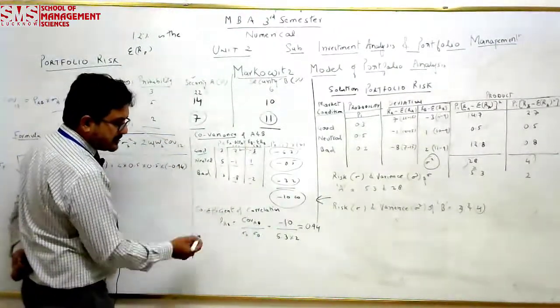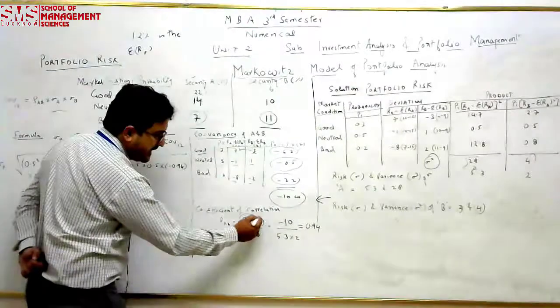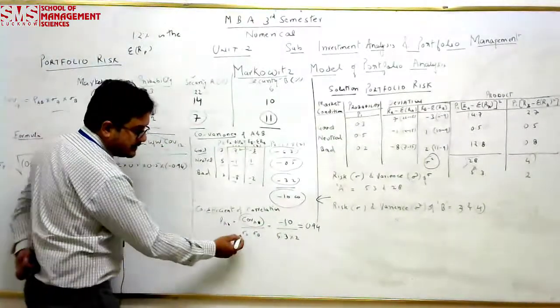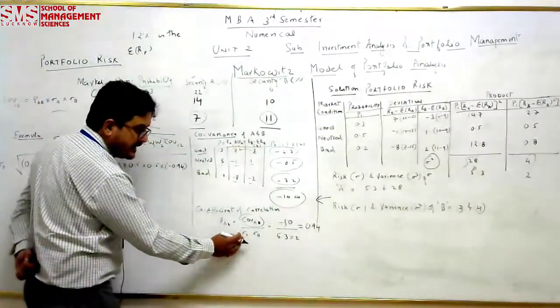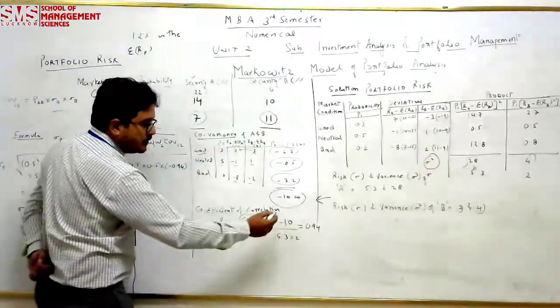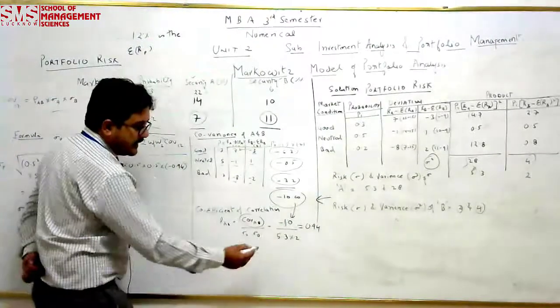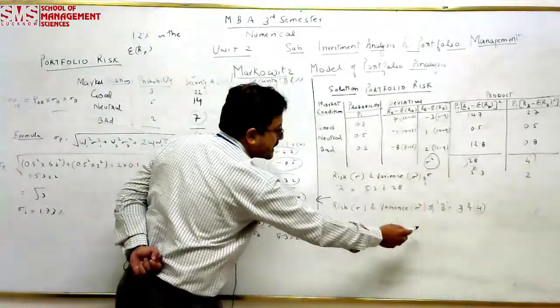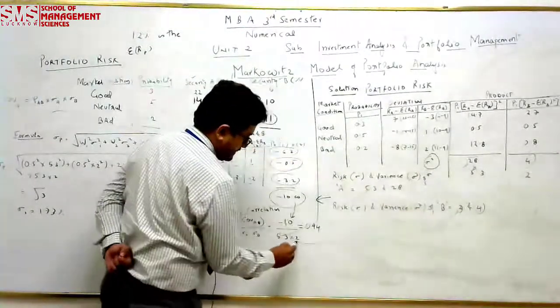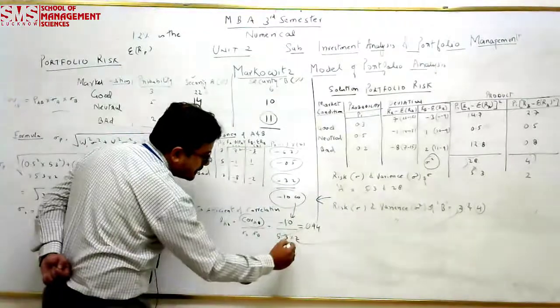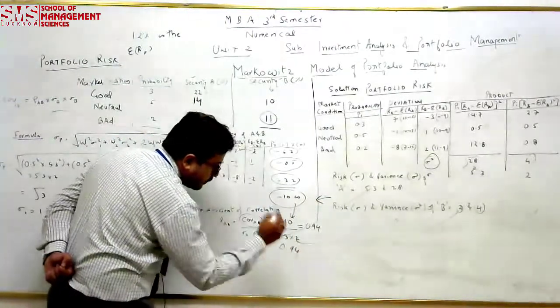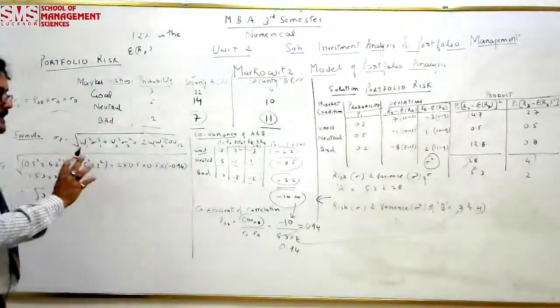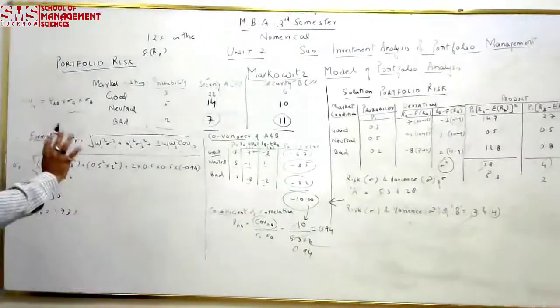The coefficient of correlation formula is the covariance of A and B divided by the standard deviation of A and the standard deviation of B. So we put the values here, and we get a number, 0.94. So here we get all the data to put into our formula.